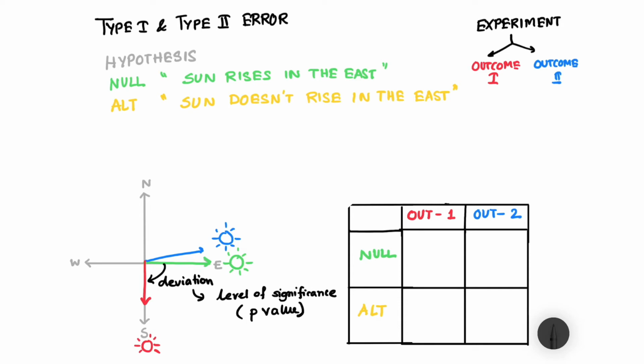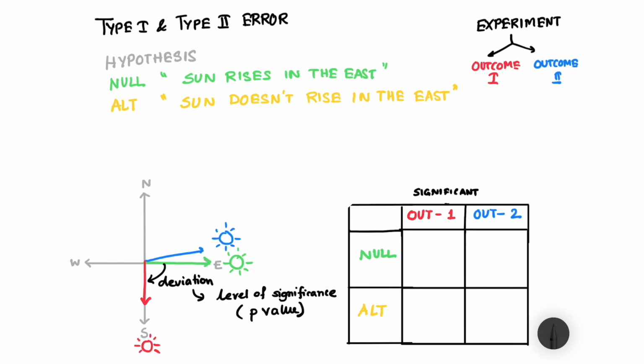Why? Just try to understand in a common way. If you see sun rising in the south, that will be a significant scientific discovery. So in our experiment, if we get to see that the sun is rising in the south, that will be a very, very significant scientific outcome. Similarly, in this video also, we are considering the outcome 1 as significant, since the sun is rising in the south. And outcome 2, the sun is rising in the east, but a bit deviated from the null hypothesis.